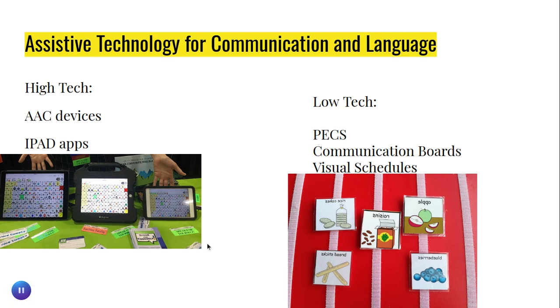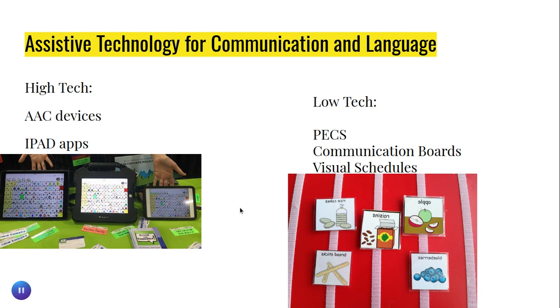These apps can be used to build sentences and talk about feelings. There are so many ways that these can be used for communication, but they're a good way to teach students to put sentences together and be able to say their wants and needs and sometimes even their feelings.